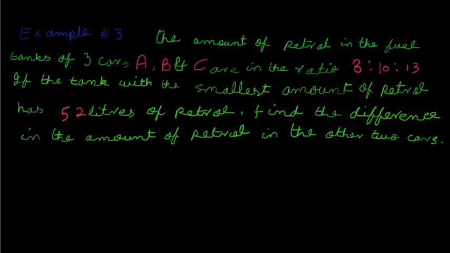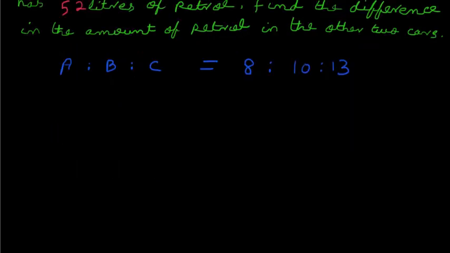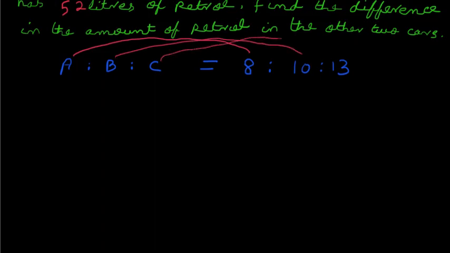Let me write it: the cars A, B, C, and the ratio 8, 10 and 13. A has 8 parts, B has 10, and this is C.